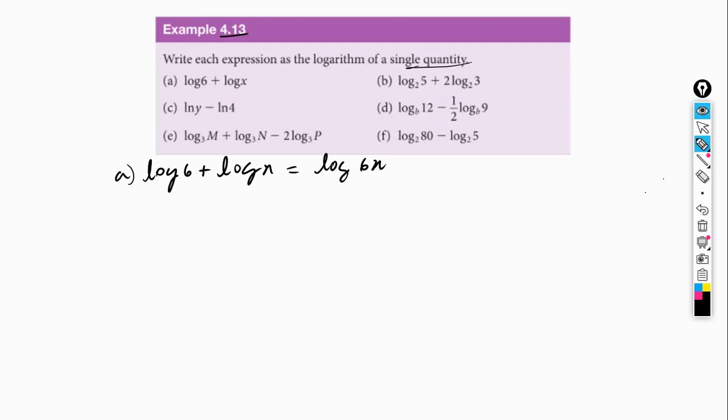For B, we have log base 2 of 5 plus 2 log base 2 of 3.